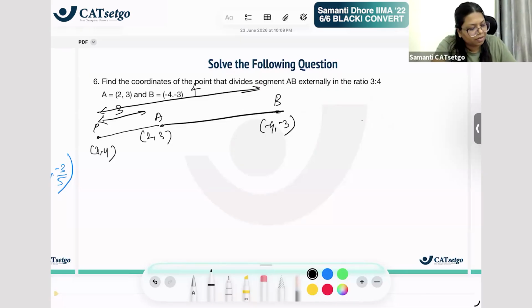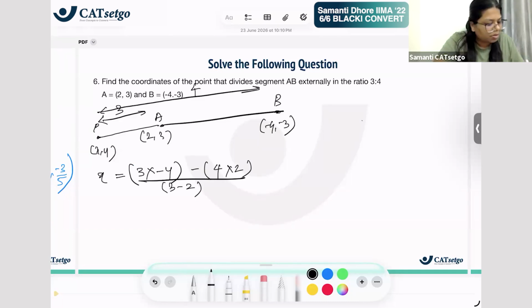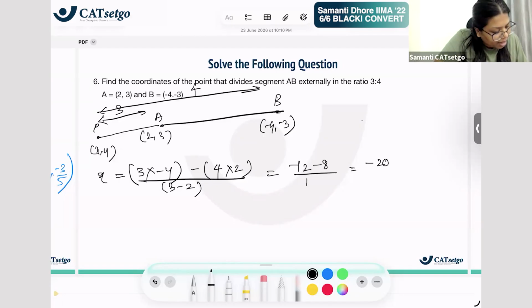So if this is how the division is happening, we get x is equal to, again, m into minus 4 minus n is 4 into 2 divided by 3 minus 2. How much is this? Minus 12 minus 8 by 1, which is minus 20. And y is what?